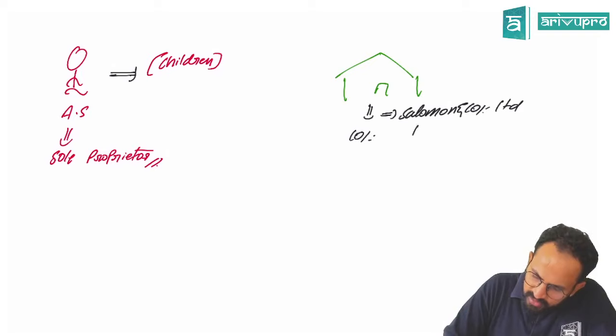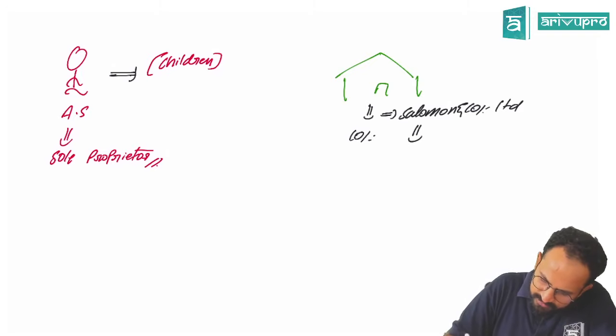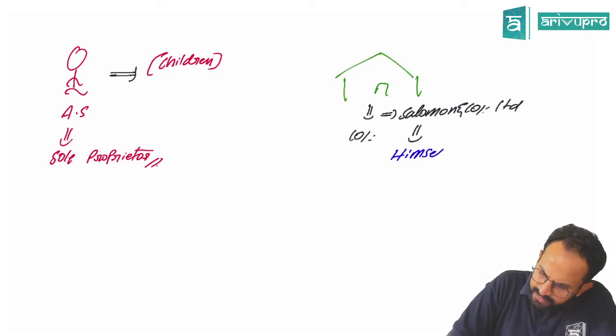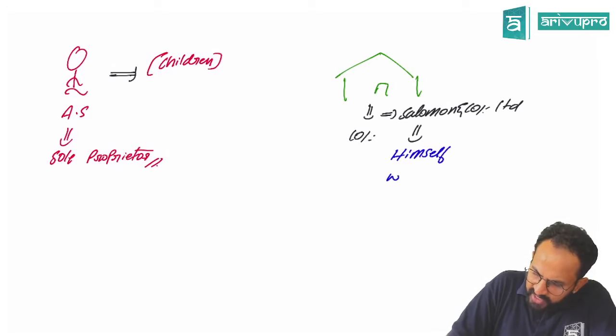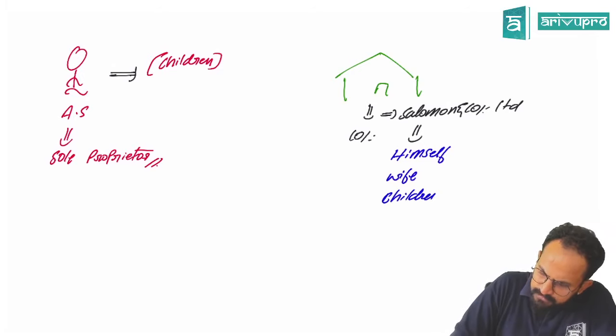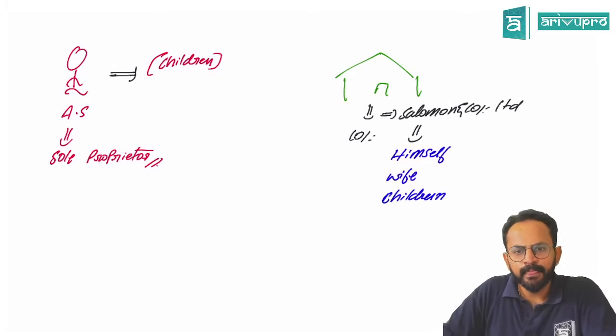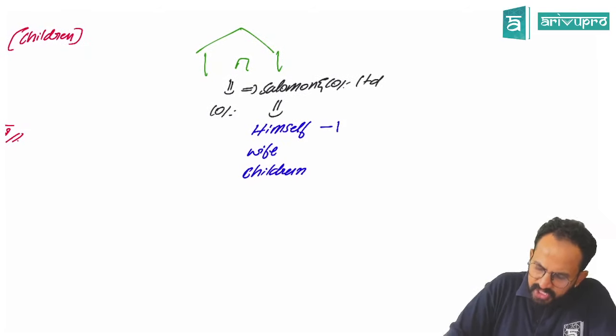Sir, now he made himself, his wife, and his children shareholders. Sir, he took one share.